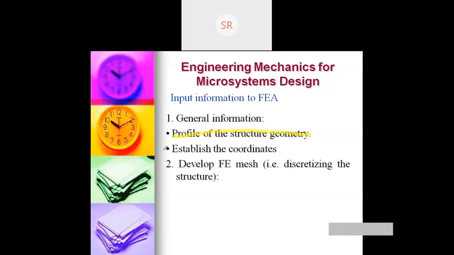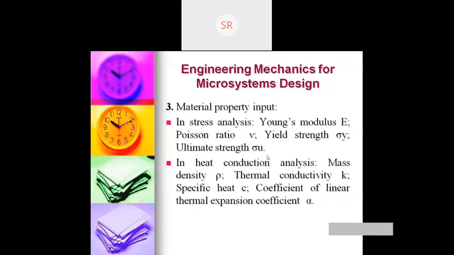So for that, I'll define the profile geometry. Then I'll establish the coordinates, maybe XY or XYZ coordinates. Then the third step is discretizing, that means dividing the structure into elements, and those elements are interconnected at nodes. After that, I need to select the material property.